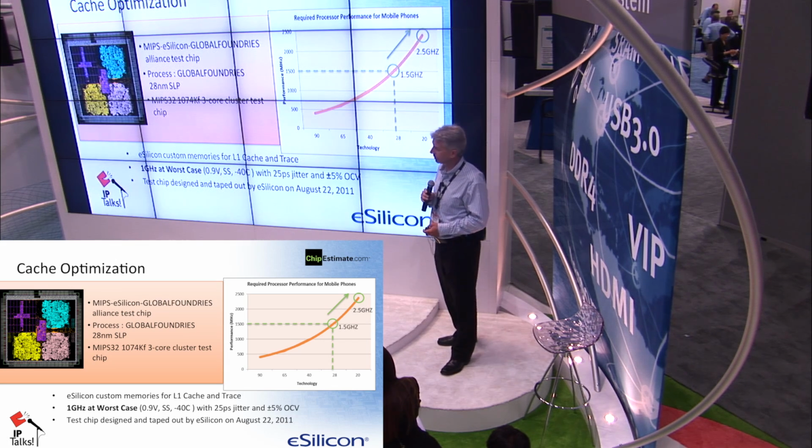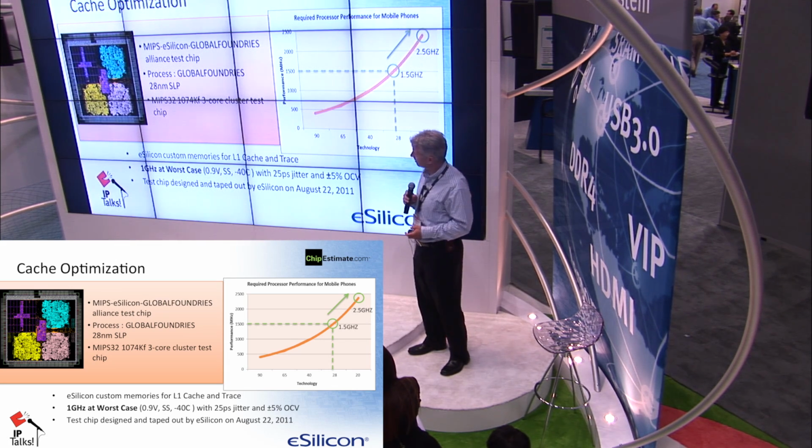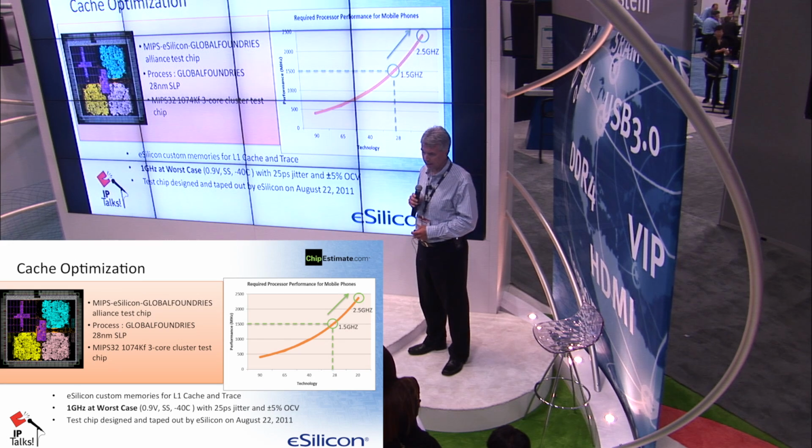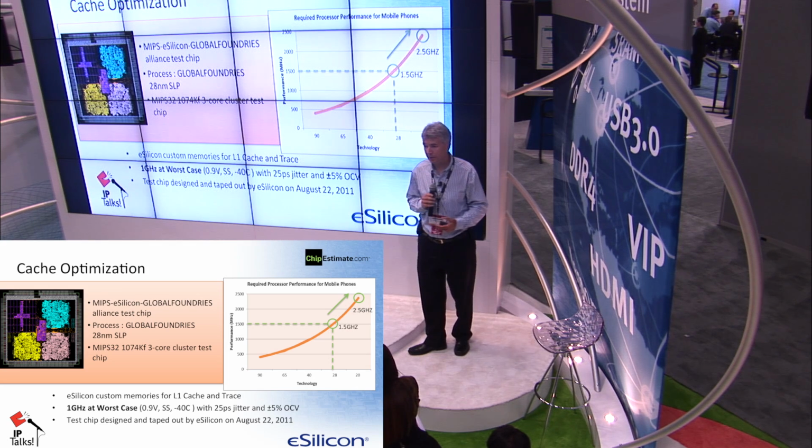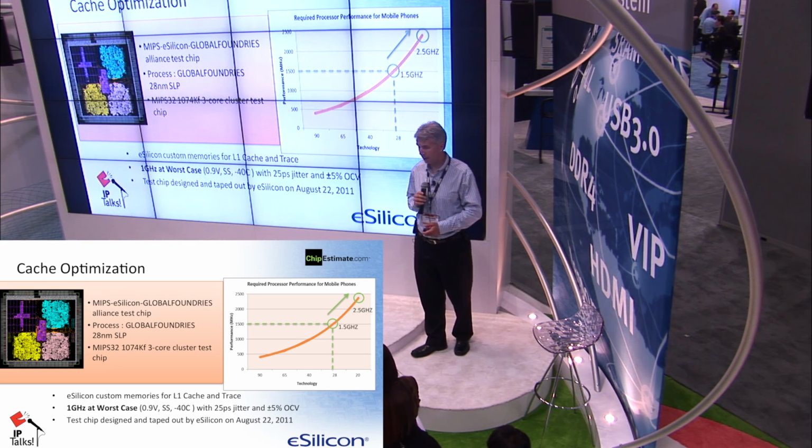And what we found was that these are based on MIPS's 1074K core, which is their highest performance core, which is currently shipping. And the critical path for the execution of these cores was definitely the L1 cache. And it was slowing the performance down. So this was the most performance that we could get out of a standard compiler.